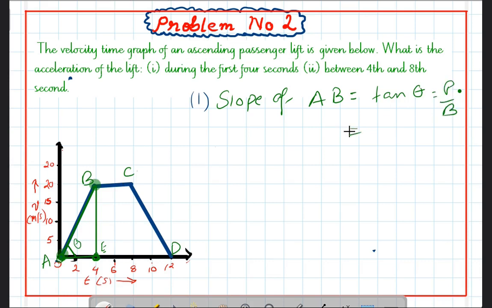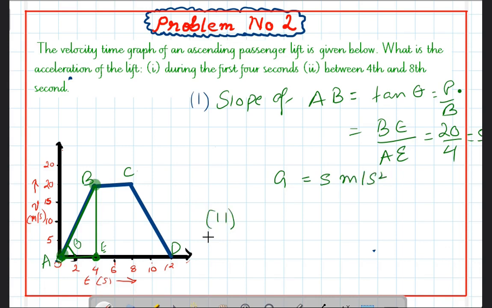In this triangle the perpendicular is BE and my base is AE. BE here is 20 and the length of AE is 4. So that means my acceleration is 5 meter per second square. So acceleration for the first 4 seconds is 5 meter per second square.